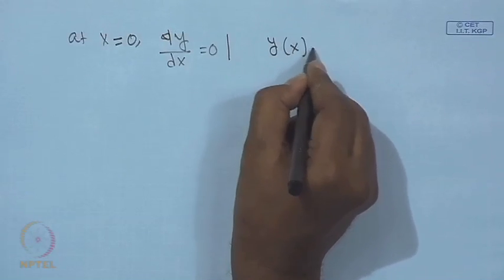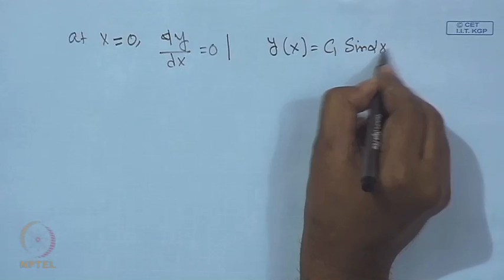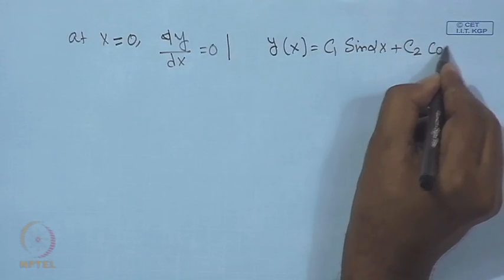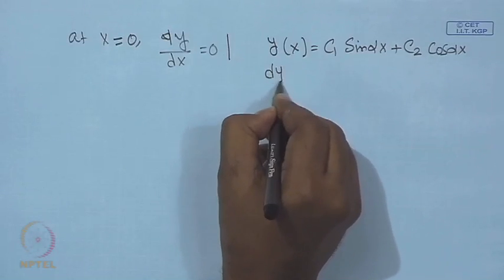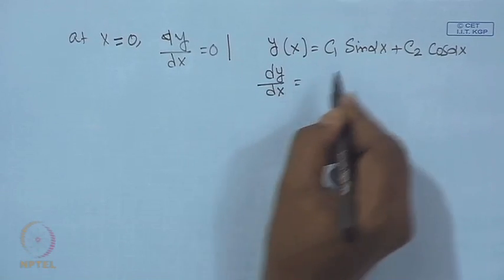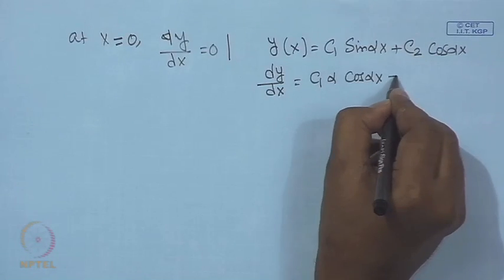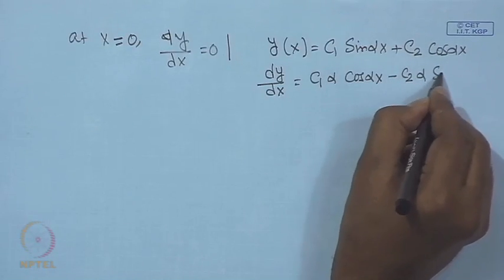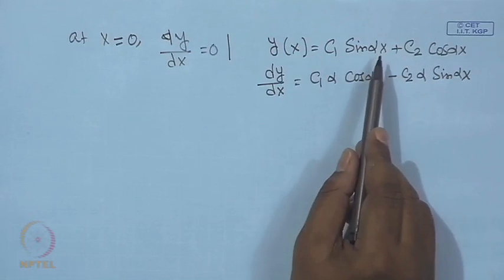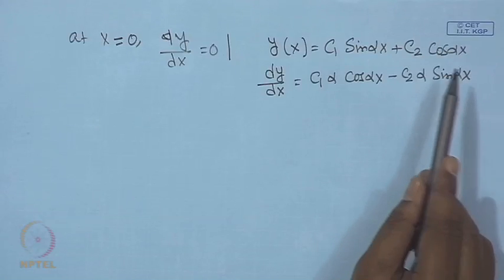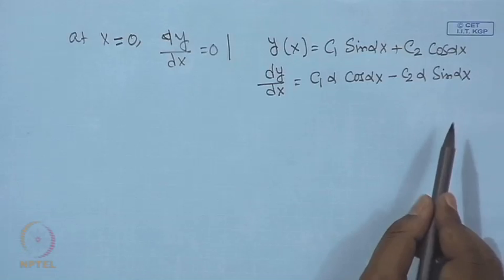Y as a function of x is nothing but c 1 sin alpha x plus c 2 cosine alpha x. Now, we evaluate dy dx. dy dx becomes c 1 alpha cos alpha x minus c 2 alpha sin alpha x. Remembering that differentiation of sin alpha x is nothing but alpha cosine alpha x, and differentiation of cosine alpha x is nothing but minus alpha sin alpha x.